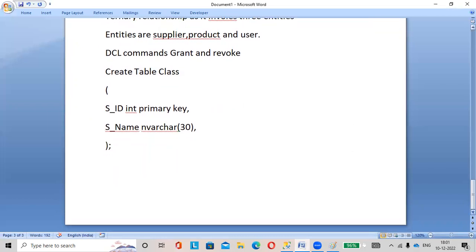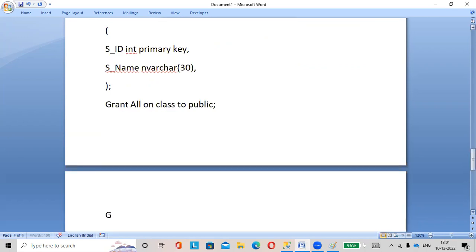Grant all on class to public. What does it do? Grant privilege to the users.